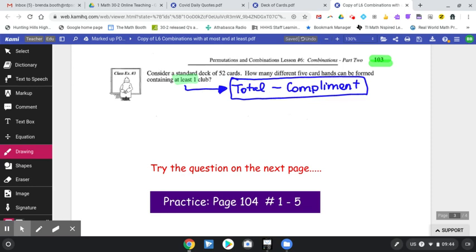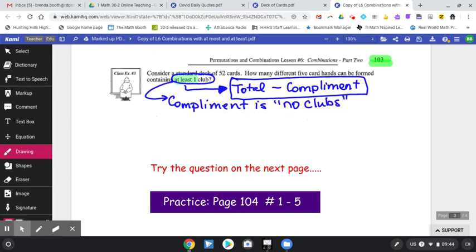So in this particular question, let's read it again. How many different 5-card hands can be formed containing at least one club? The complement for at least one club is no clubs.